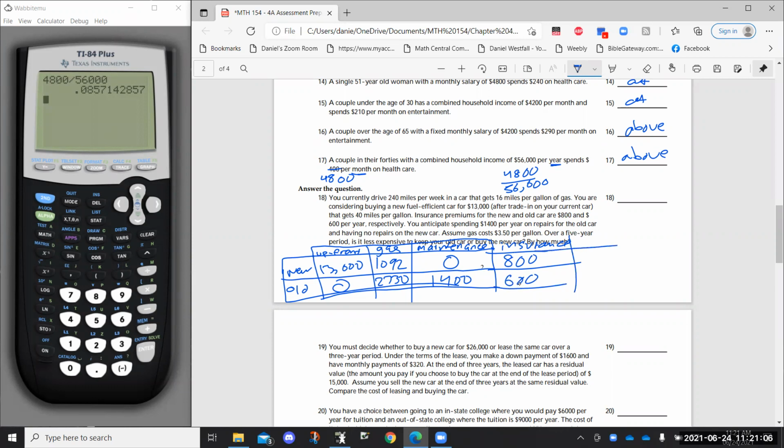So if we add everything up here, my expenses are 13,000 plus 1092 plus 800.